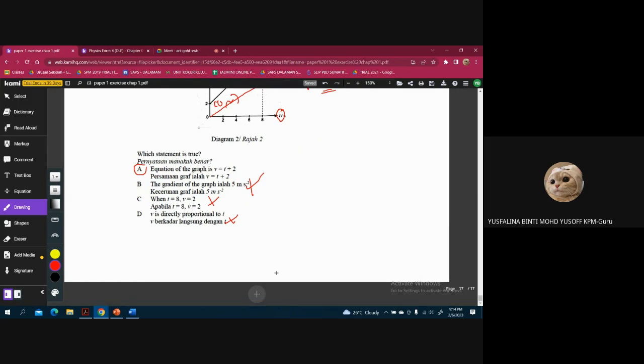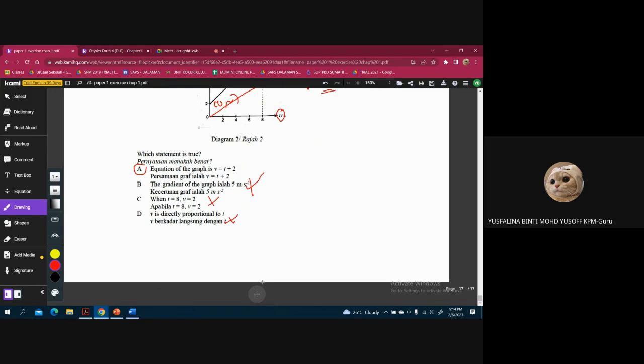So what can you see? The pattern of the questions for chapter 1: scalar, vector, graph, unit, base quantity. That's the question. So why did I do it like this? So you can see the pattern of the questions, in what topic and how they ask you the question.